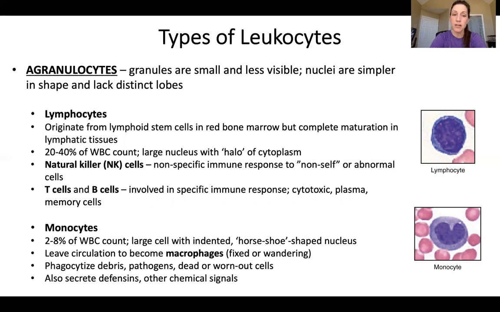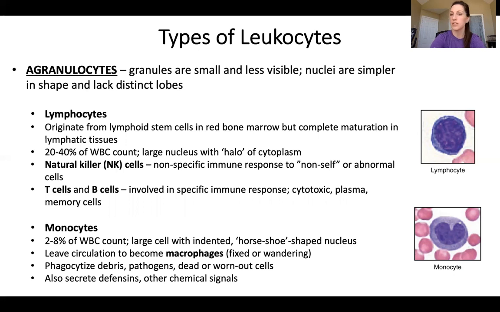The natural killer cells are non-specific, which means they don't attack one particular type of pathogen, but they go around looking for things that look off. So they participate a lot in self versus non-self. They recognize things that just don't look like your own cells. They also look for cells that are yours, but are acting abnormally.